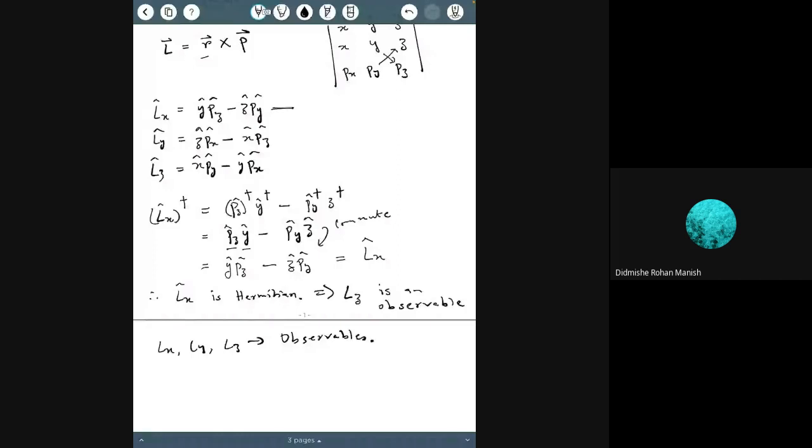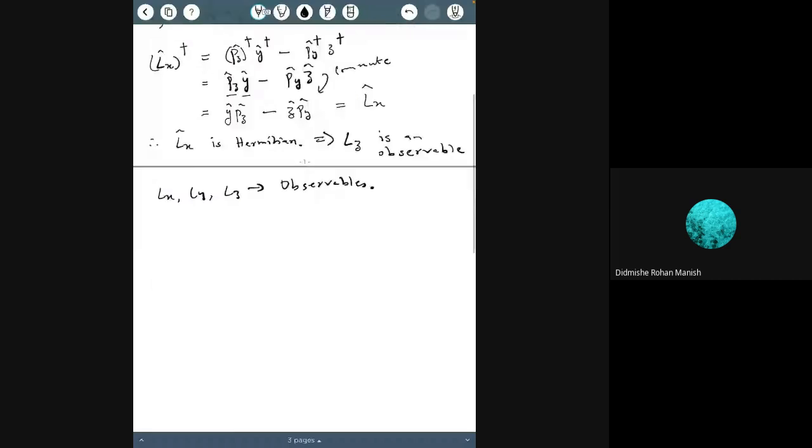The other thing we want to know about quantum mechanical operators is what the values of their commutators are. So let's see if Lx and Ly commute. I'm not writing hats anymore for y and pz and everything.